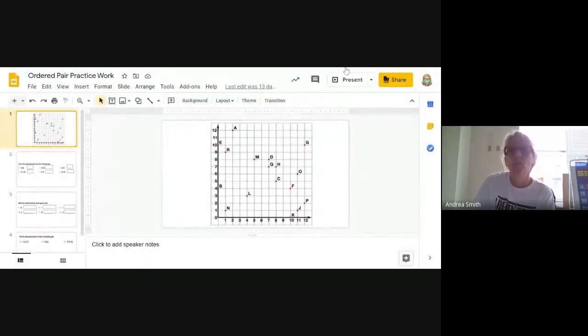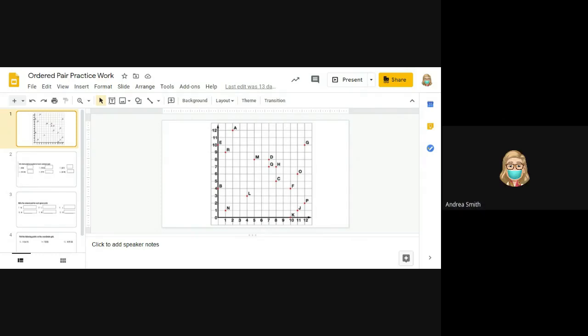Hopefully you're seeing this. Here's an example of one that we had already done in class with our ordered pairs.